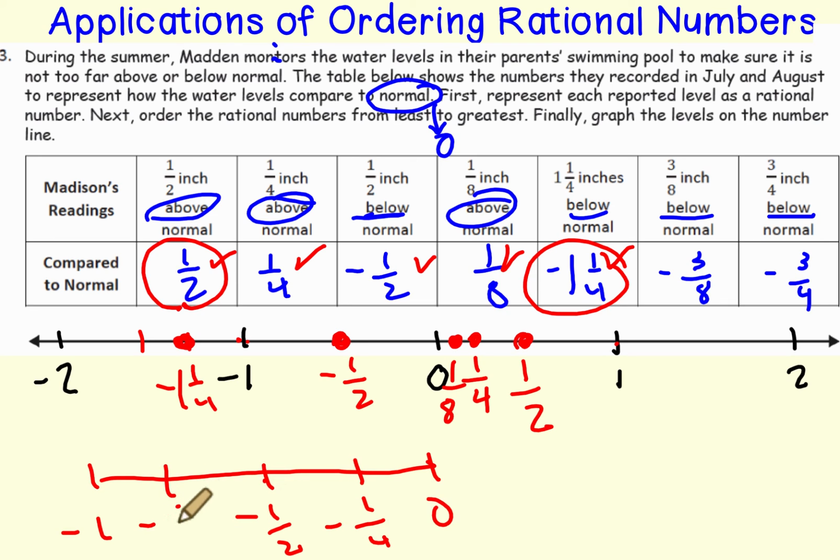So this would be -3/4. And so halfway between 0 and -1/4 is going to be -1/8. And then this 1/4 is the same as 2/8.